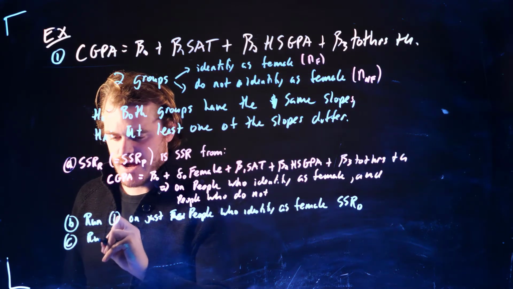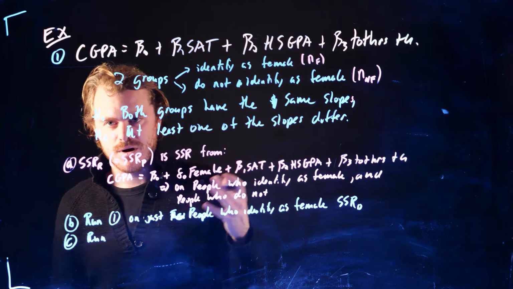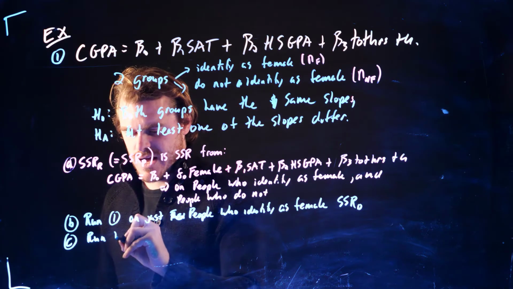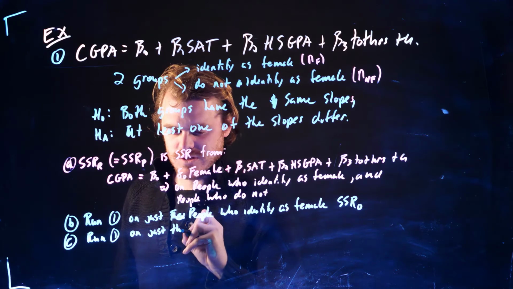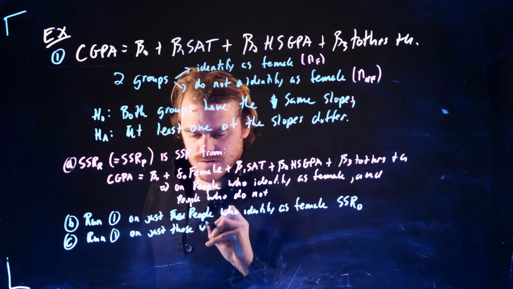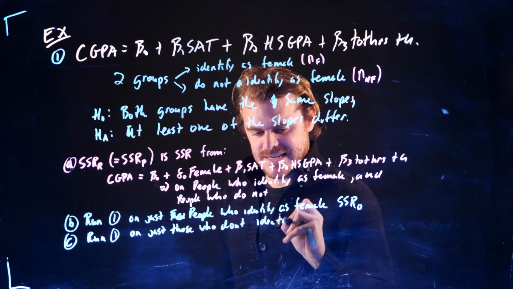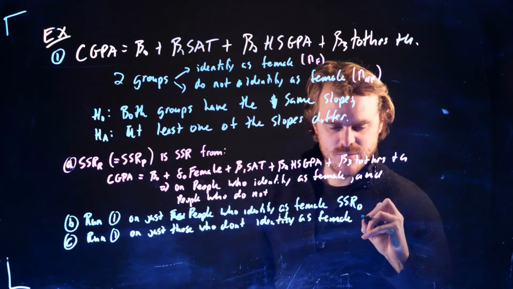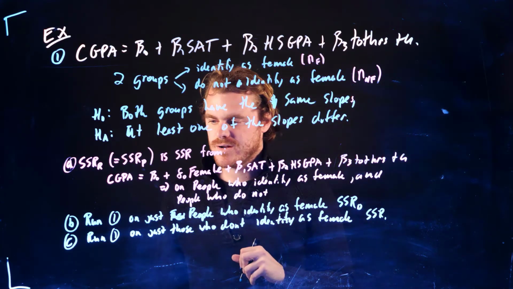And C, the last thing you have to do, besides figure out the number of restrictions and the degrees of freedom, is run that same regression on just those who don't identify as female. We're going to call that SSR_1 if we're using the same nomenclature as before.